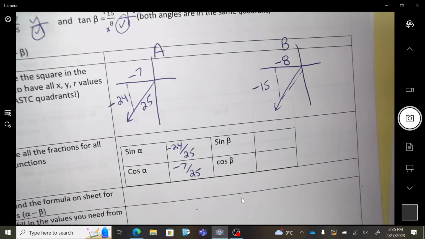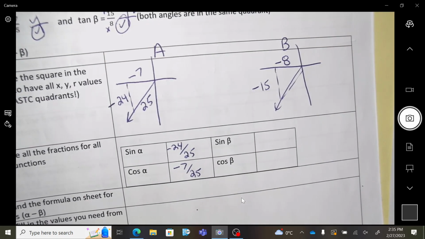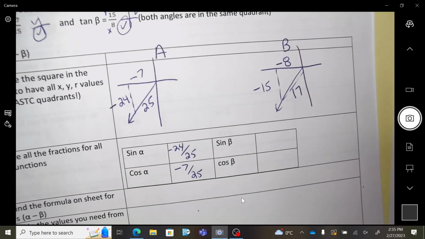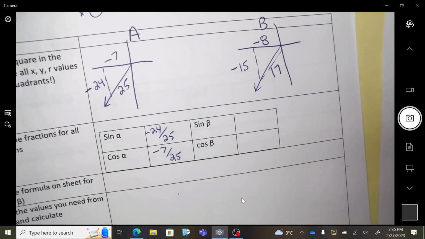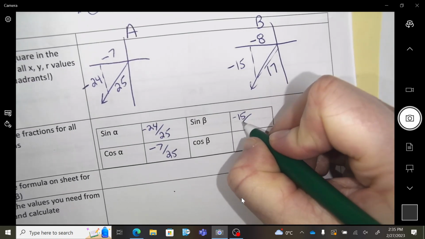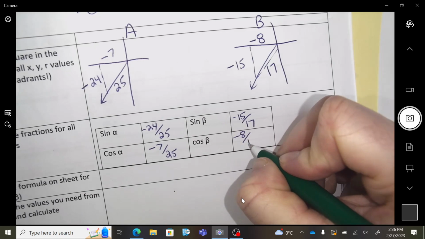Obviously, I canceled the negatives. Okay, I feel like this is going to be 17 if anybody's done it. 17 is the R. So sine would be y divided by R, and cos is x divided by R.